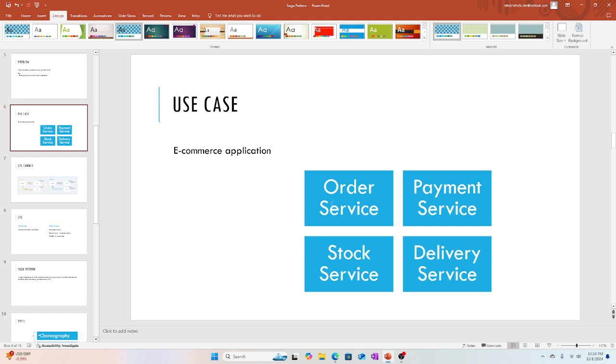So there is a scenario: the user comes to our website and places an order. The order service gets the order, updates the stocks, makes the payments, and delivers the product. If any one of them fails, then the other microservices need to revert the transaction. Suppose the payment fails and the order service has received an order; that service needs to revert its transaction if the order is accepted.